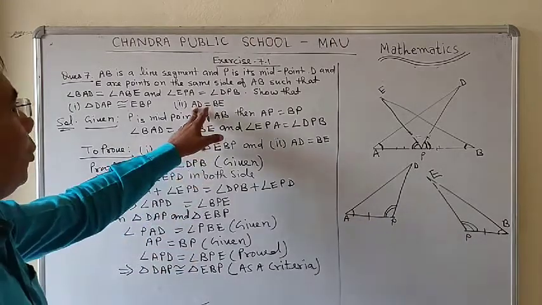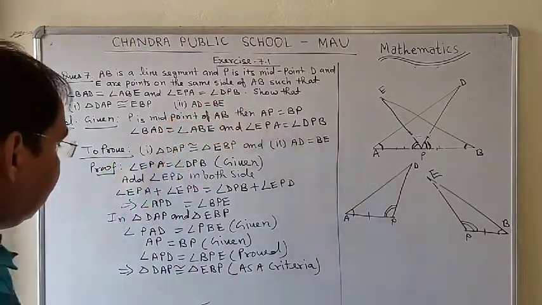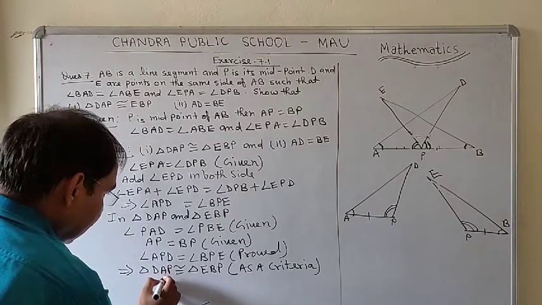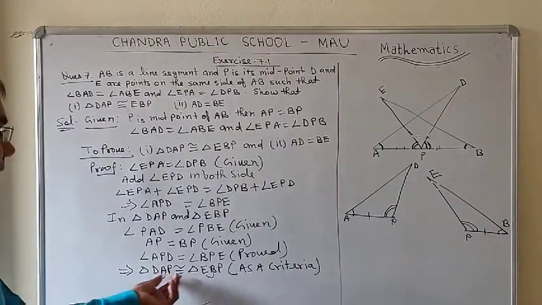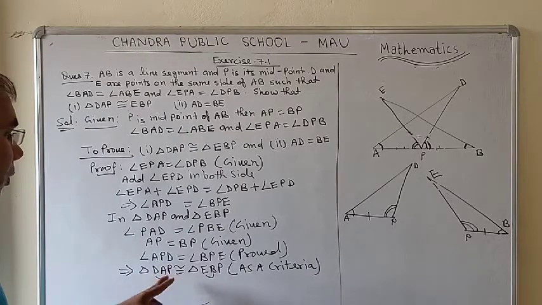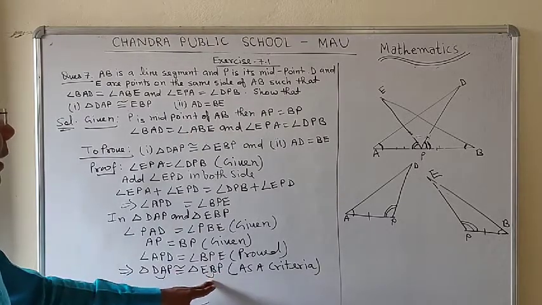And in the second part, you need to prove that AD equals BE. Now look here. If these two triangles are congruent, then their corresponding parts will be equal. And here the corresponding part of AD is BE.